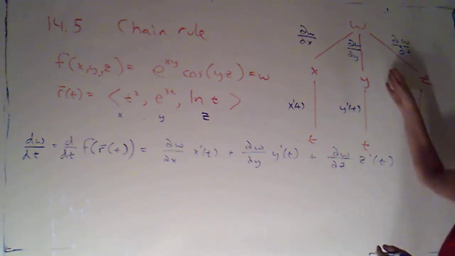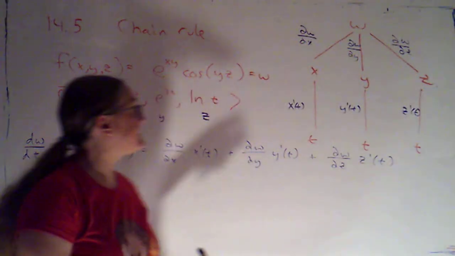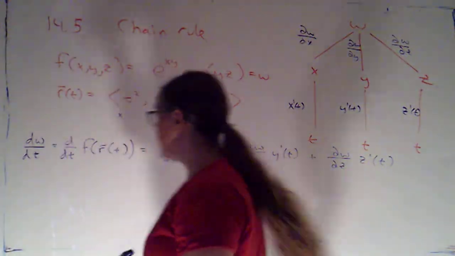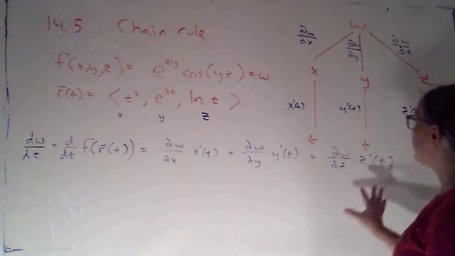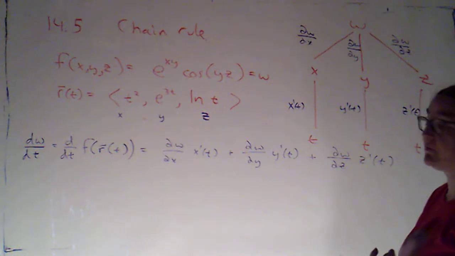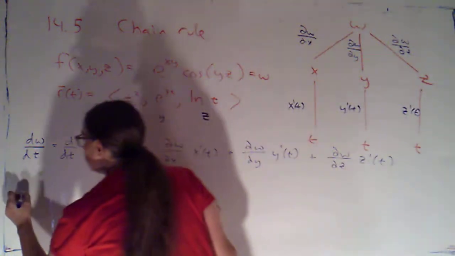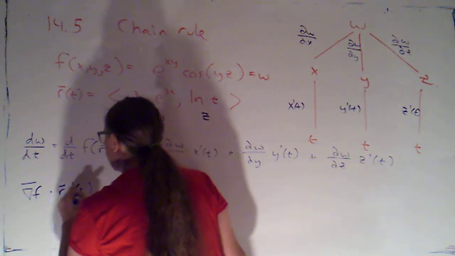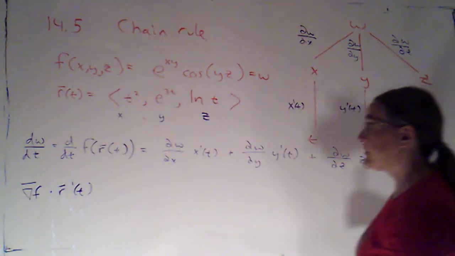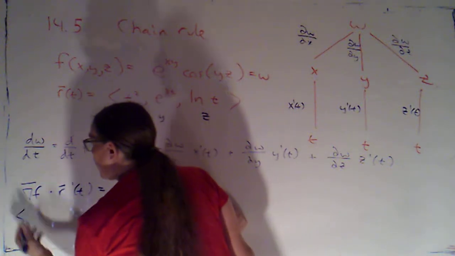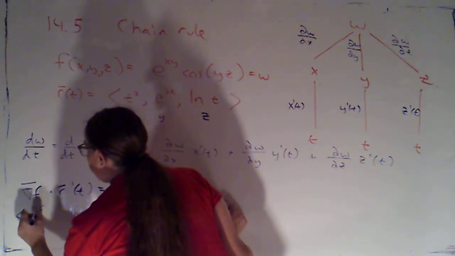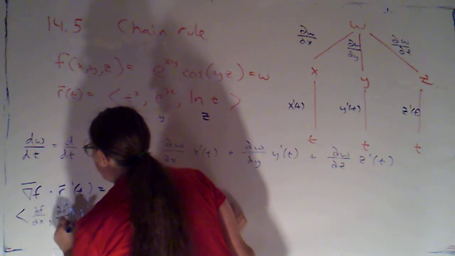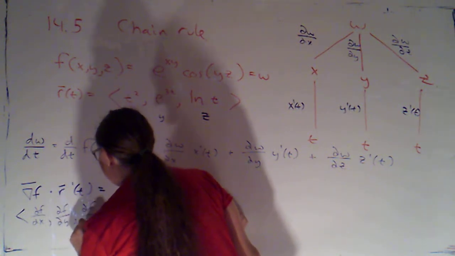Okay. Now, I find the simplest way of remembering this is to simply use this diagram. If you prefer not to use the diagram, you could also remember that this is actually just a dot product. This is equivalent to the gradient of f dotted with r prime of t, because that would of course just be the partial of f with respect to x, partial of f with respect to y, partial of f with respect to z.